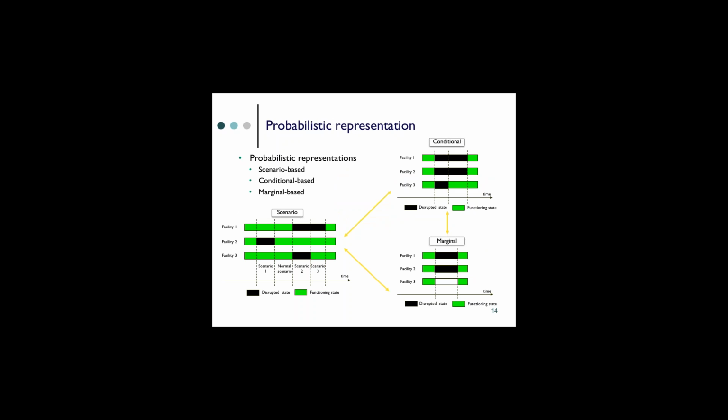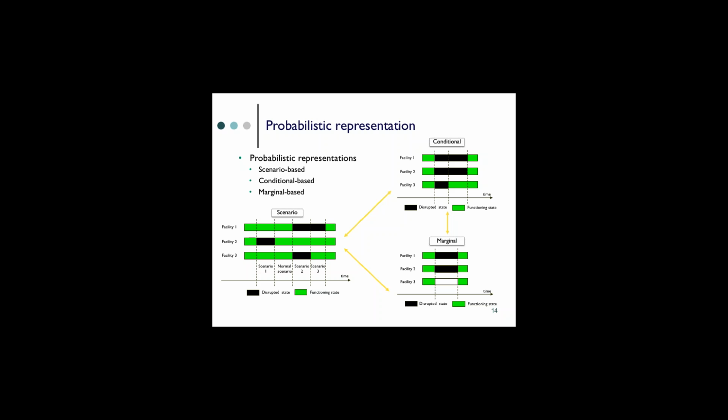The first part of our methodology is to represent the correlation using some mathematical probabilistic form. Here we use 3 typical probabilistic representations. The first one is a scenario-based one. This picture shows the scenario-based state of a facility system.